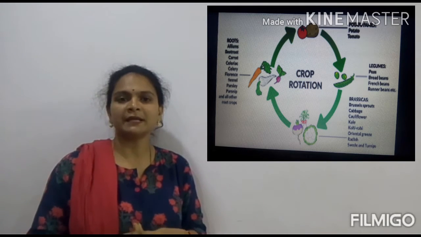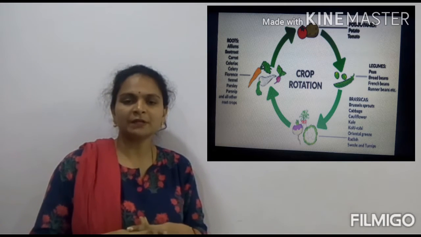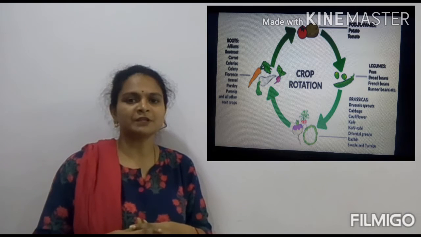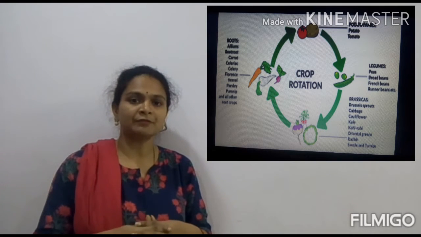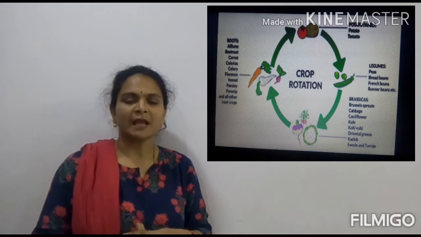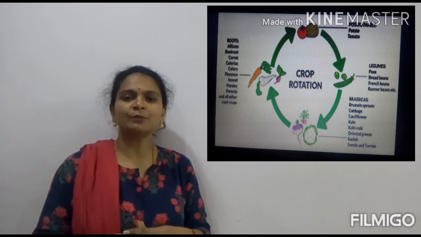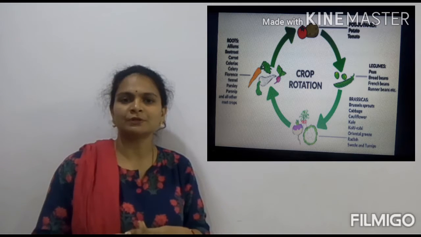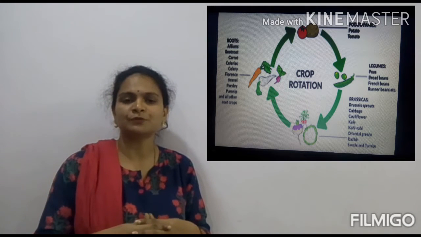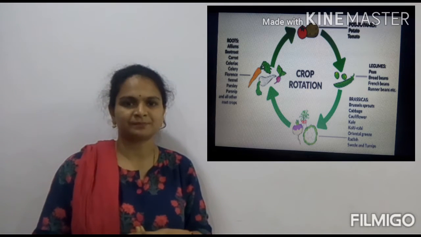If we take an example, in a particular area we start with leguminous plants, and after the harvest we raise a cereal crop. As we know, children, the leguminous plants contain root nodules which contain nitrogen fixing bacteria, which convert atmospheric nitrogen into nitrates.